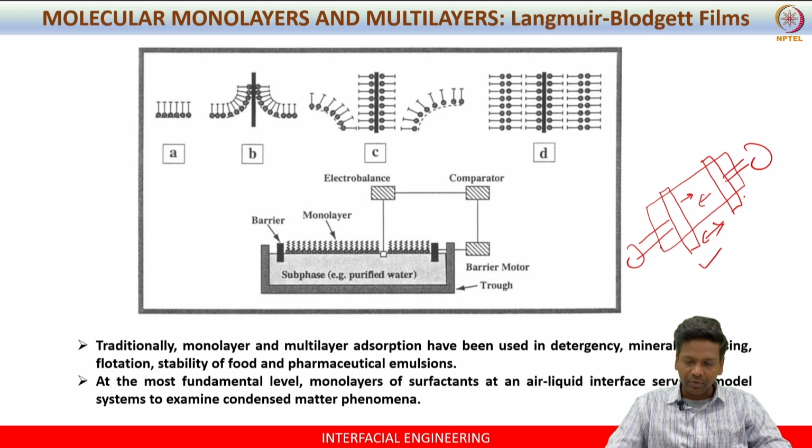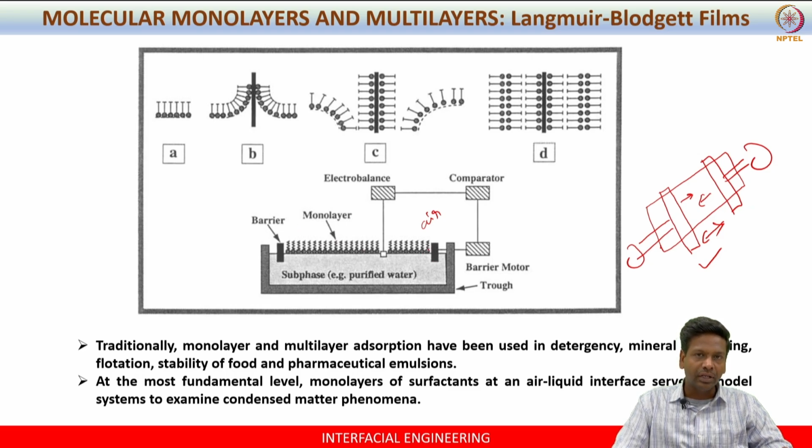Okay, in the trough, you will have to fill up this trough with a suitable subphase. Subphase here is purified water, okay, and usually an air-water interface. So there will be air above the water, and because the subphase is filled with water, you can create an air-water interface, and you can spread these molecules nicely at the interface.